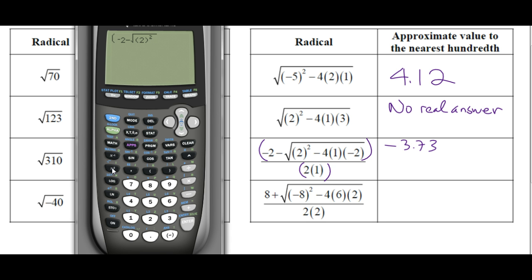Anyway, bracket 2, bracket squared, minus 4 times 1 times -2. Okay, I need to get out of the radical sign. I've now done my top, so I'm going to put a bracket in there. What I've said to the calculator is I want you to evaluate the entire top expression, and now I want you to divide that by, and I'm going to put a bracket down, 2 times 1, which is extraordinarily silly, and then close that off with another bracket.